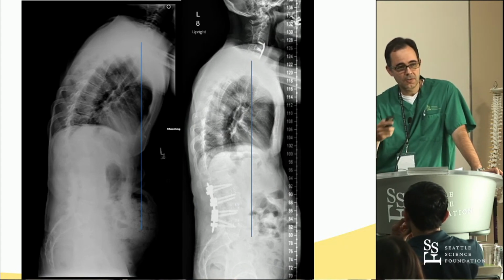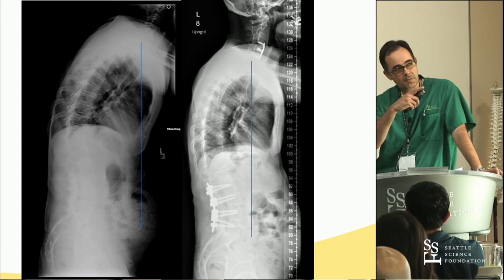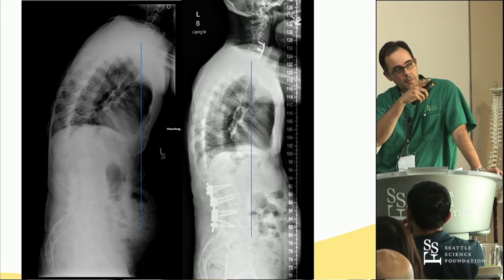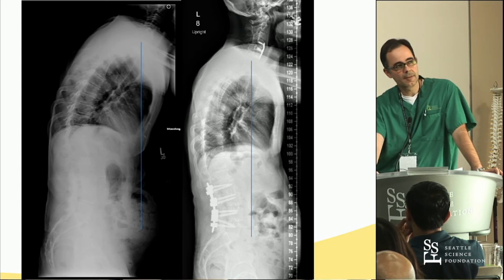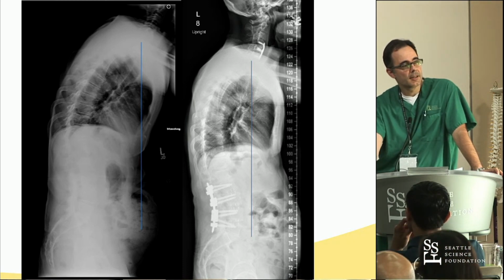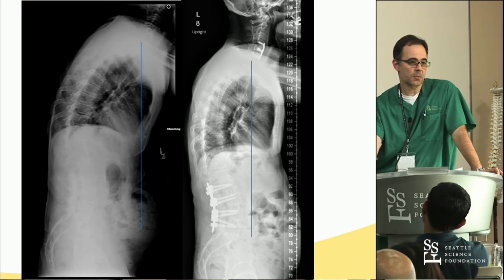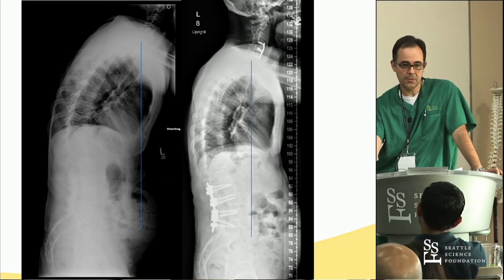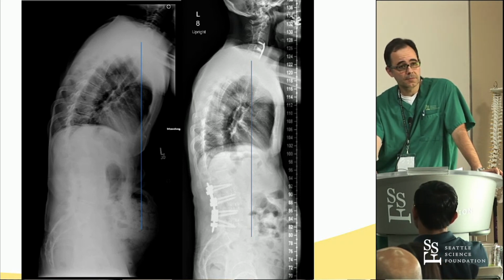I showed these films to Dr. Anand yesterday, and the comment was made that we probably could have even improved the situation further if we did a 5-1 ALIF, and I agree. But with his history of being 71 and having this previous stroke, I just wanted to get him on and off the table as quickly as possible. So he's doing very well.